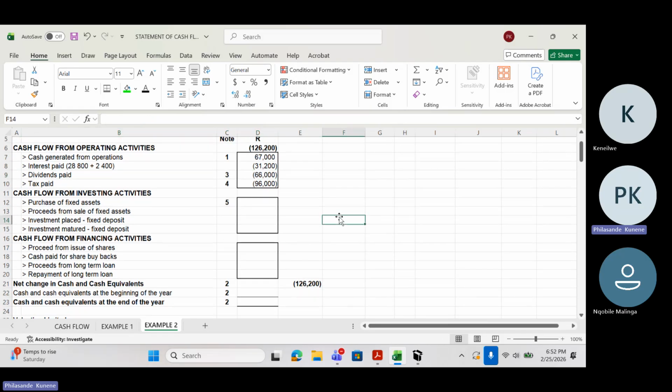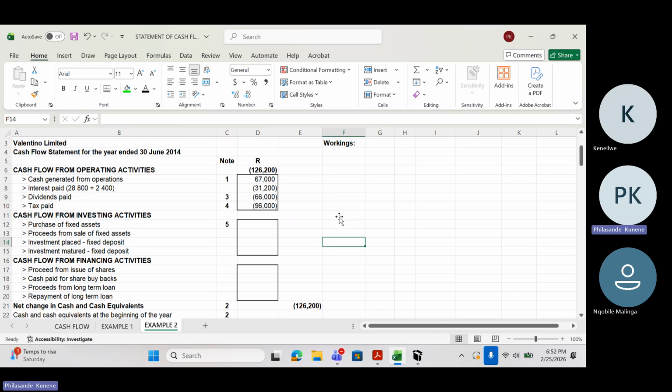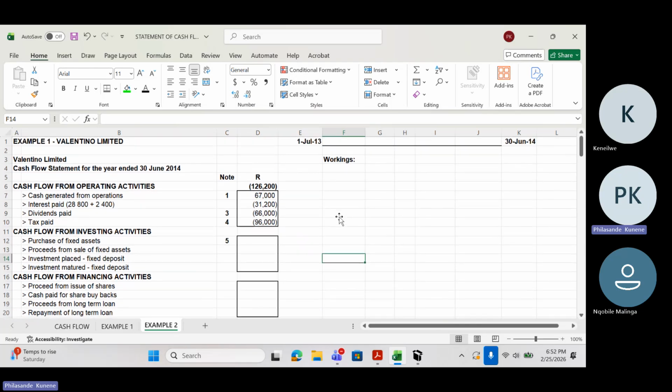Okay. These are the things you must think about, guys. Let's think out of the box and analyze the cash flow statement while we're doing it. Let's identify the problems of the business while we're doing the question so that we can understand how we analyze those things. Cash flow from investing activities. Let's go and see.